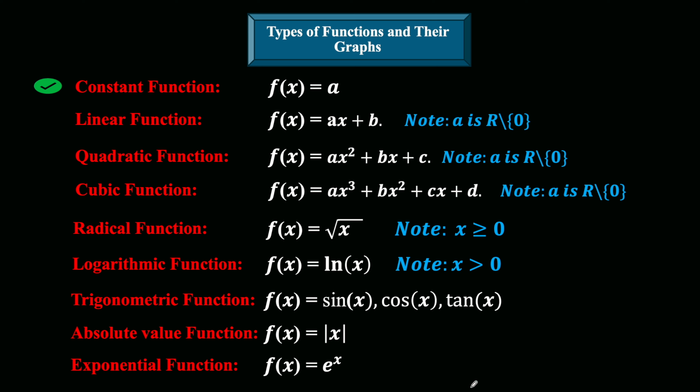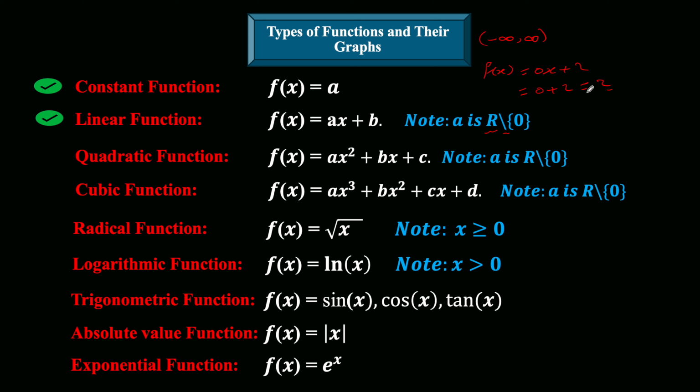The second type is the linear function. A linear function is given by f of x is equal to ax plus b. Note that a is in R, meaning from -infinity to +infinity, except 0. a can be any number except 0, because for example if we say f of x is equal to 0x plus 2, this is equal to 0 plus 2, which is equal to 2.